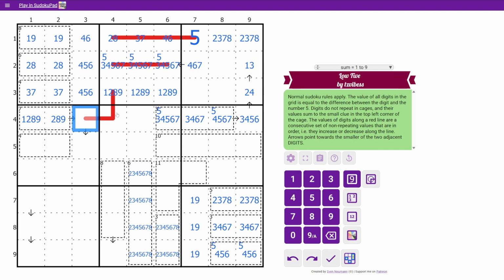Because obviously we couldn't go up, because we won't have a value higher than 4. So this is 4 or 3. This is 3 or 2, which is really 3, 7, 2, 8.